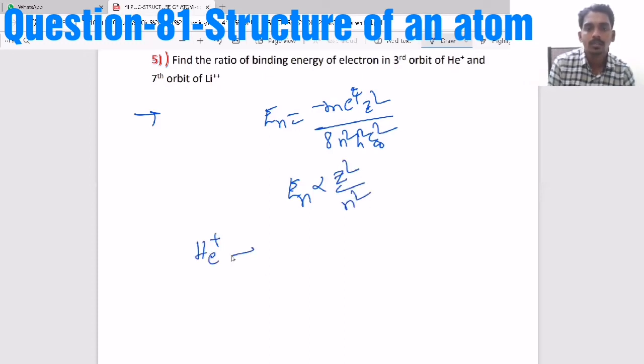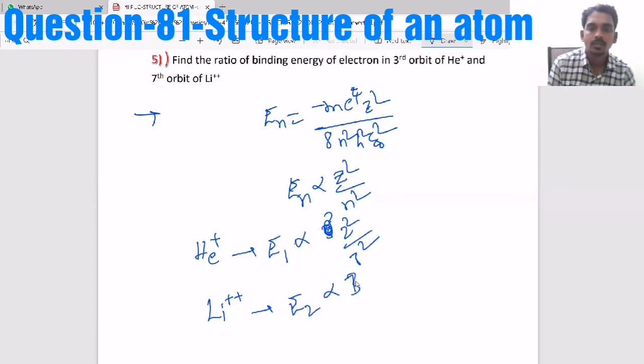Now, first case helium plus, let's take E1, third orbit, so 2 square by 3 square. And the next one is lithium plus plus, E2, 7th orbit, so 3 square by 7 square.